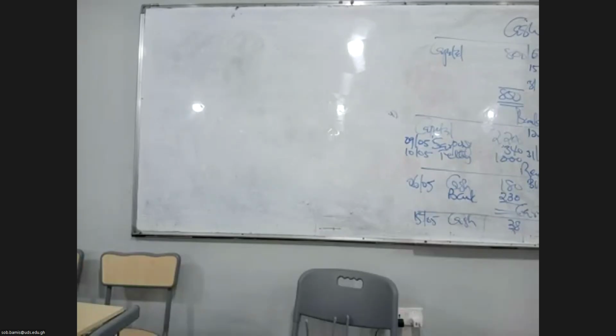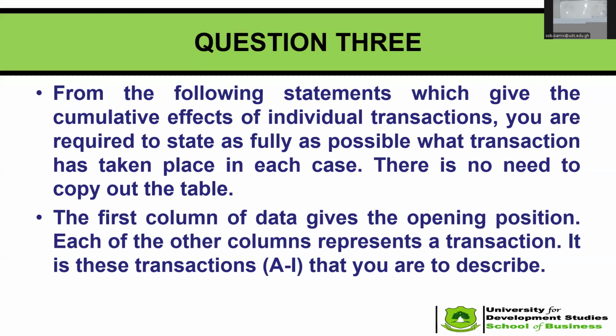The first column of data gives the opening position. Each of the other columns represents a transaction. It is this transaction, from A onwards, that you have to describe.